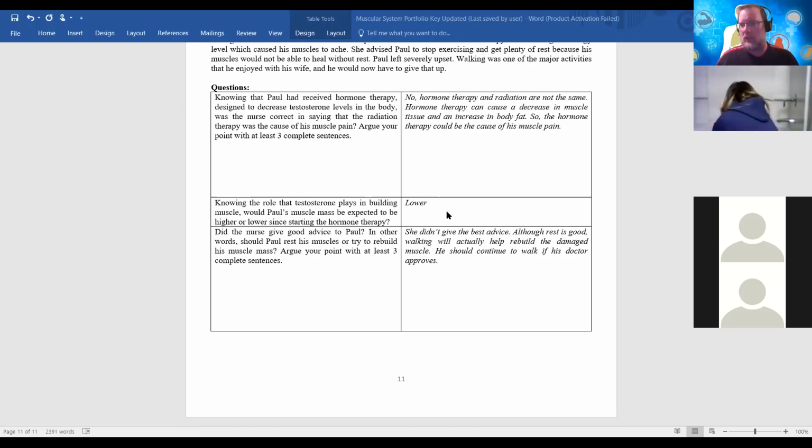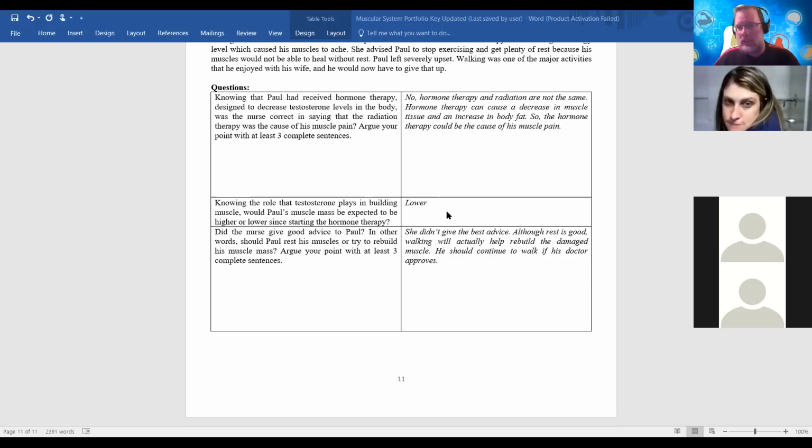Paul's on a hormone therapy that's going to decrease testosterone, so we would probably see a decrease in muscle mass, but we would also usually see an increase in fat. So that is more likely what's causing Paul's soreness. He's maybe beyond sore. He's in pain, but he's got a lot going on. We can all agree on that. But I don't think the radiation could certainly be causing some of his muscle pain.